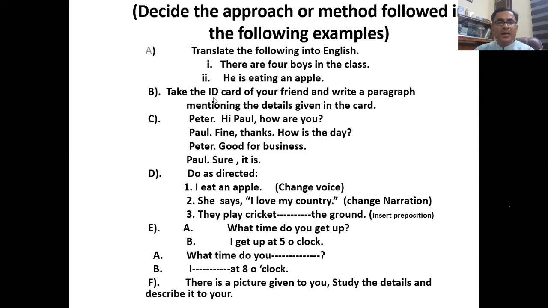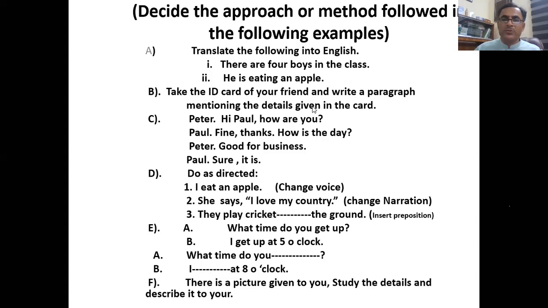These are a few examples of every method. For example, if I say translate the following into English, you can imagine which method it represents.